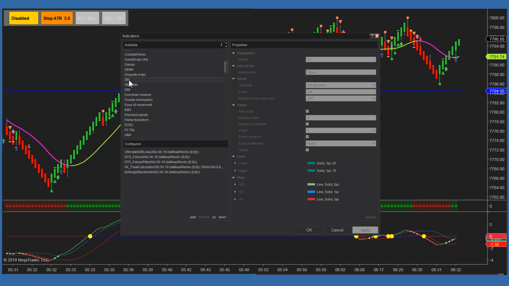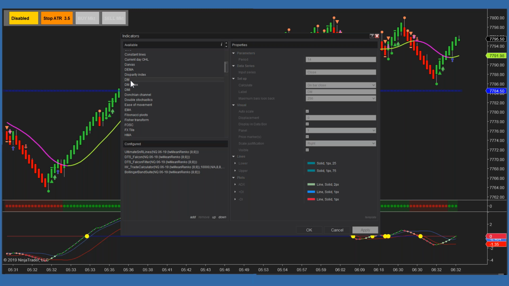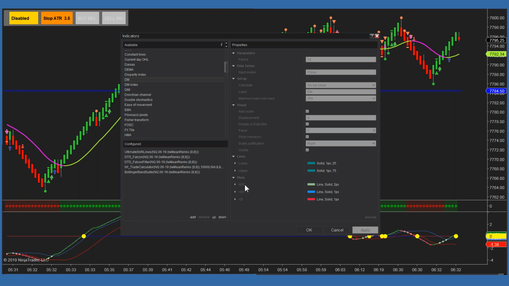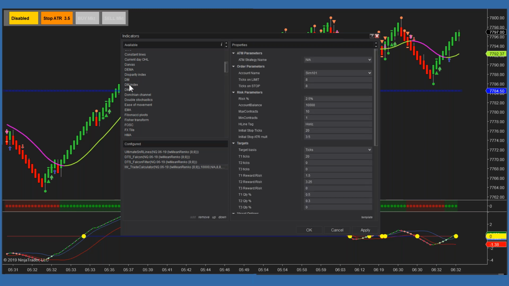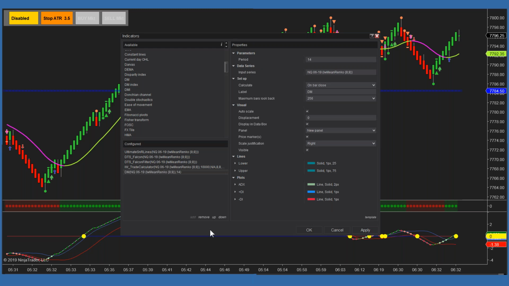I always get confused which one I need here on NinjaTrader. I think this is the one. Yes, this is the one. You want the one that plots the ADX, the DI plus, and the DI minus. And what we'll do is we'll get rid of the Bollingers and we'll add that for now.